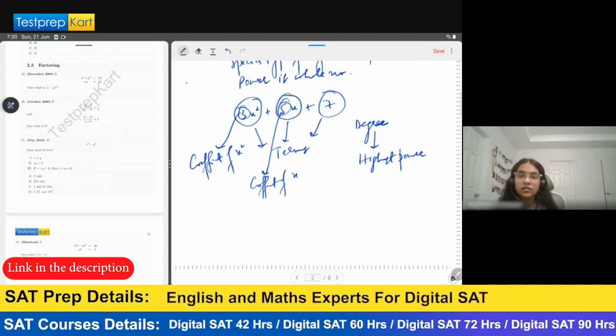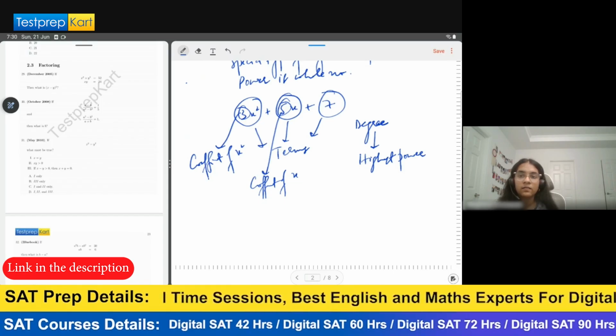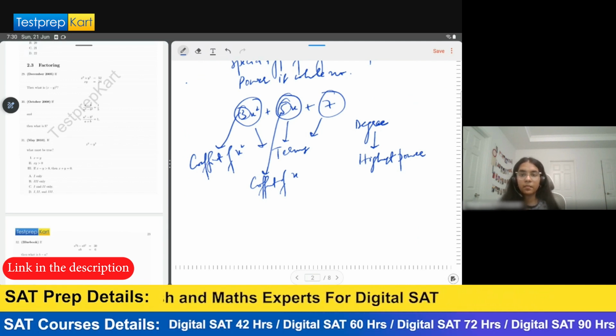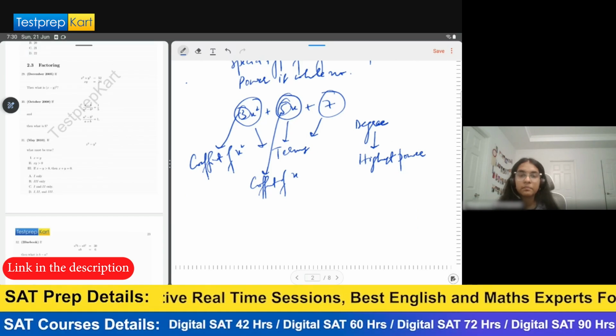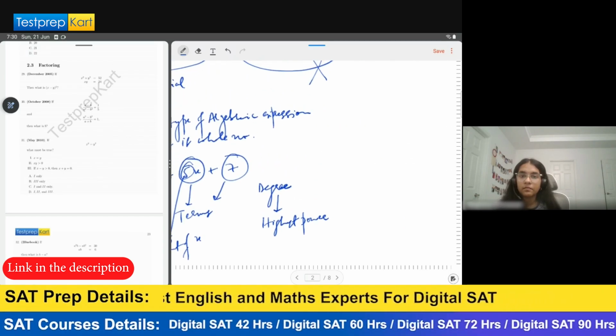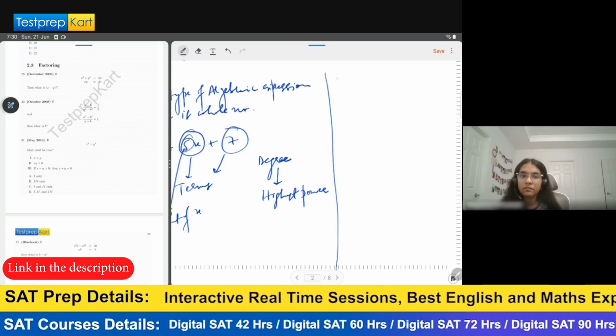On the basis of this, polynomials are classified, and there are basically two classifications. One classification is based on the number of terms, right? If the polynomial has one term, you'll call it a monomial. If it has two terms, a binomial. Three terms, trinomial, and so on. But there's a more well-known classification based on degree.